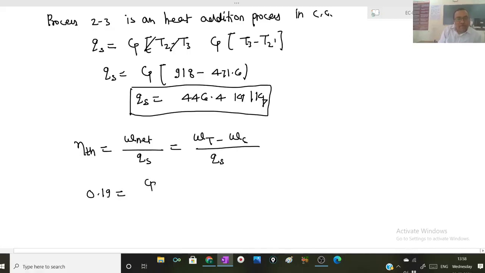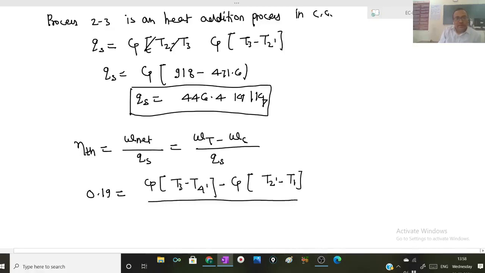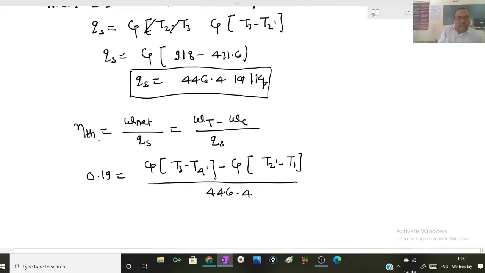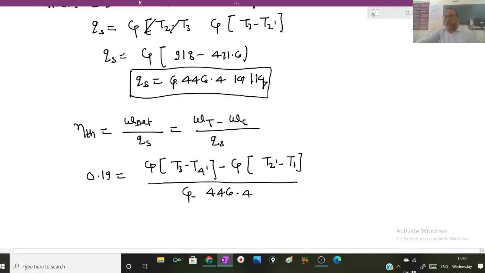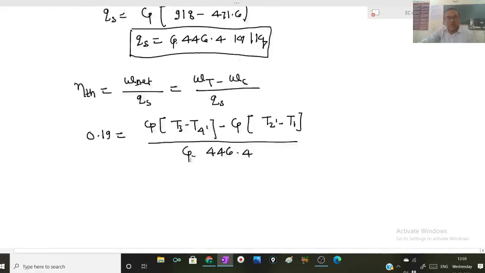Turbine work can be calculated as Cp into T3 minus T4 dash, and compressor work is Cp into T2 dash minus T1, divided by 446.4, and this is Cp. So Cp is common everywhere, it will get cancelled out.